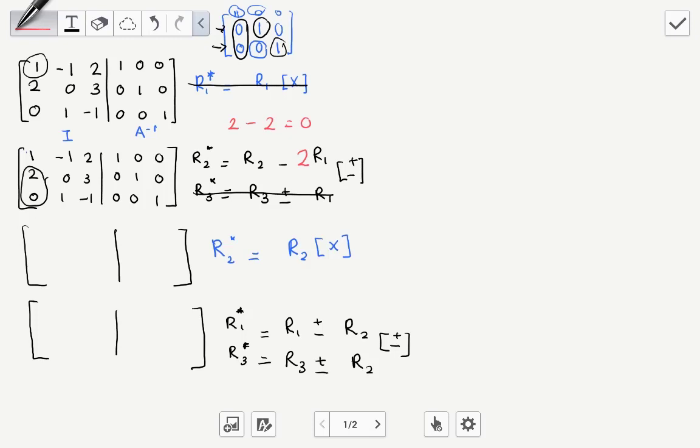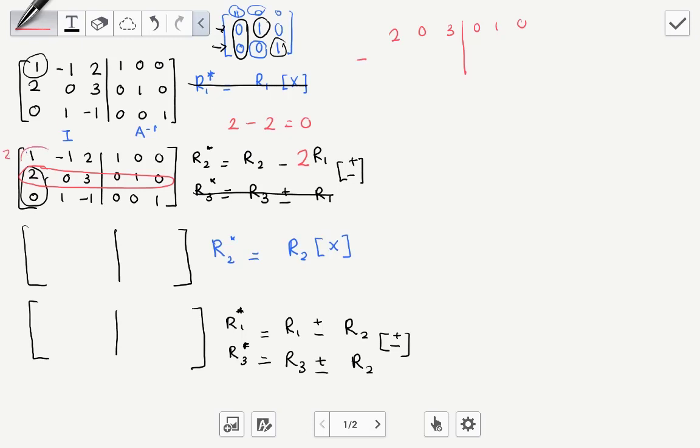Now for you to understand, I'm going to write down R2. So this is R2: 2, 0, 3, 0, 1, 0. We're going to minus 2 times R1. So this is your R1.